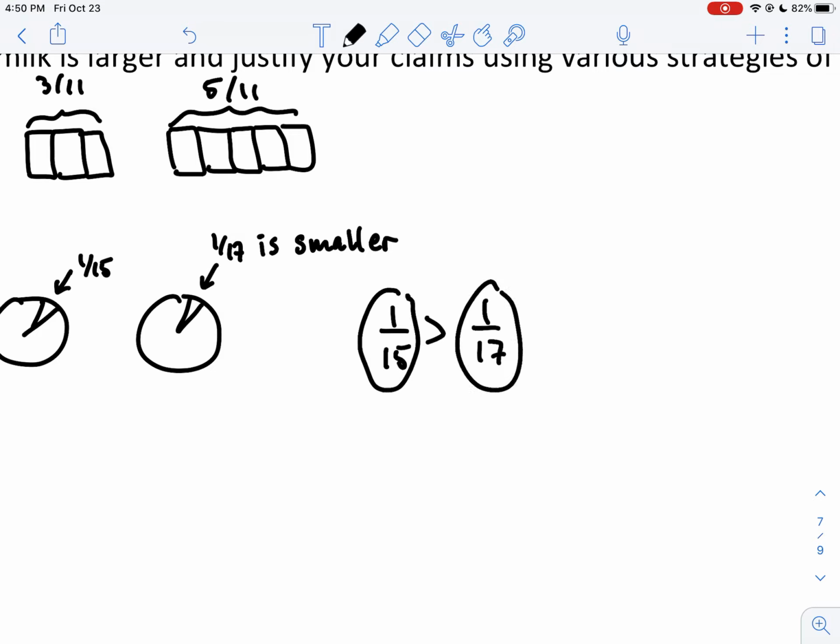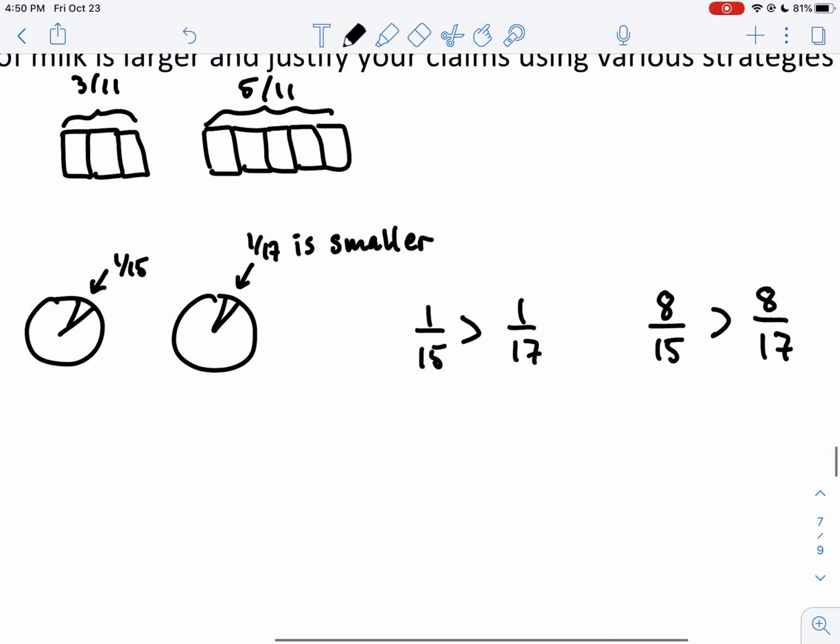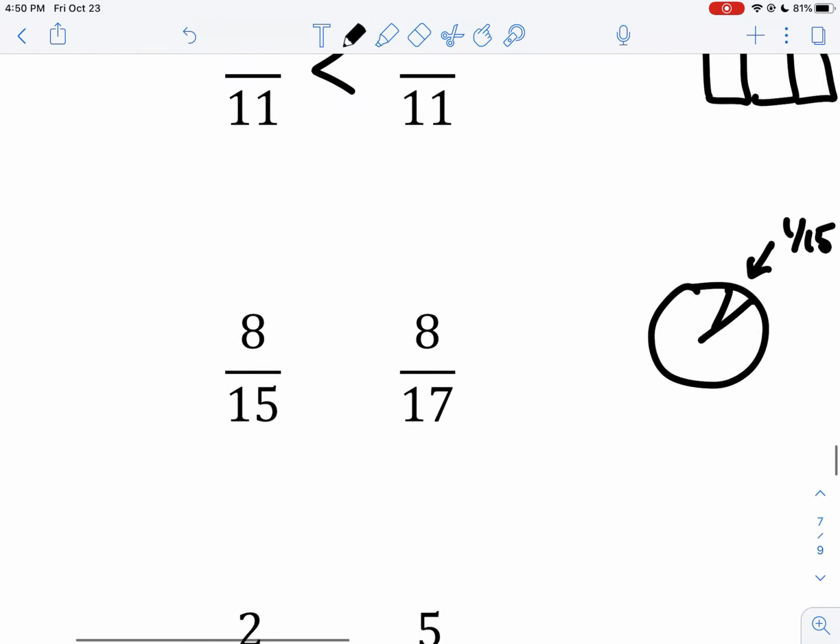Then 8 of these will certainly be larger than 8 of these. That should just make intuitive sense to you, because 8 pieces that are larger are more than 8 pieces that are smaller. So 8/15ths has to be more than 8/17ths.